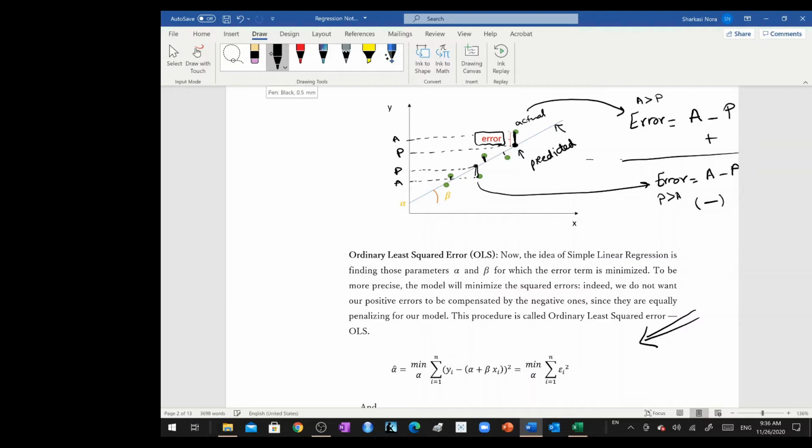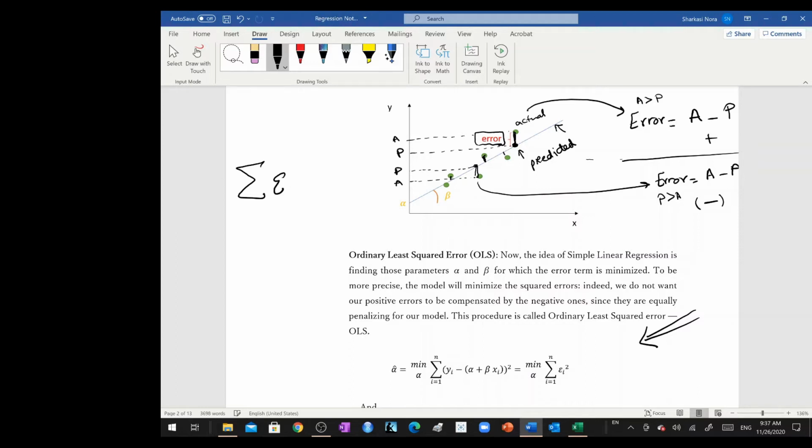So if you want to get the best fitted line, basically you want these points to be as close as possible to the line, right? So you need the sum of errors to be as small as possible. So basically we're talking about sigma of the error.